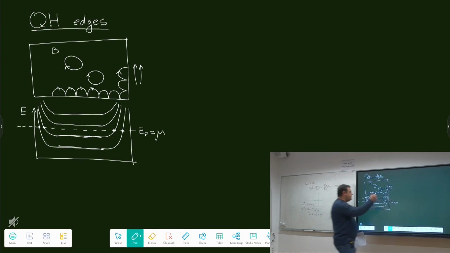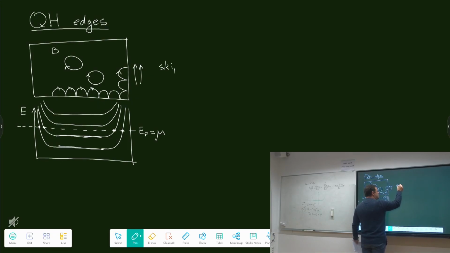So we have skipping orbits, this is like in this semi-classical picture, or more scientifically they are called edge modes or edge states. It's the same term, edge states.